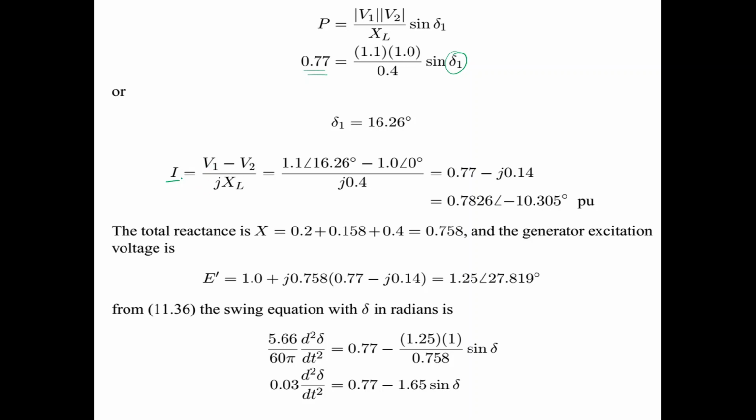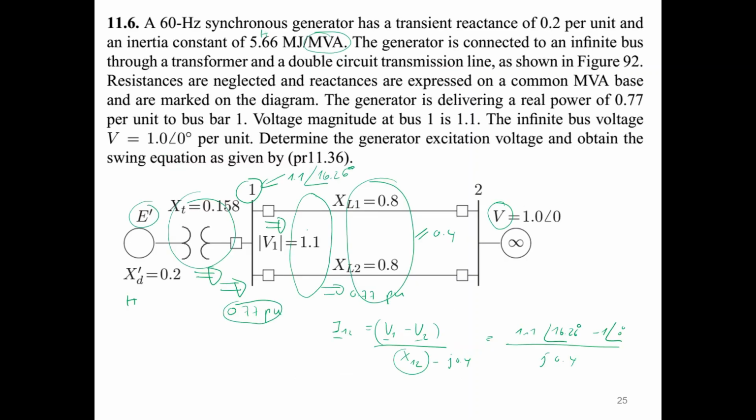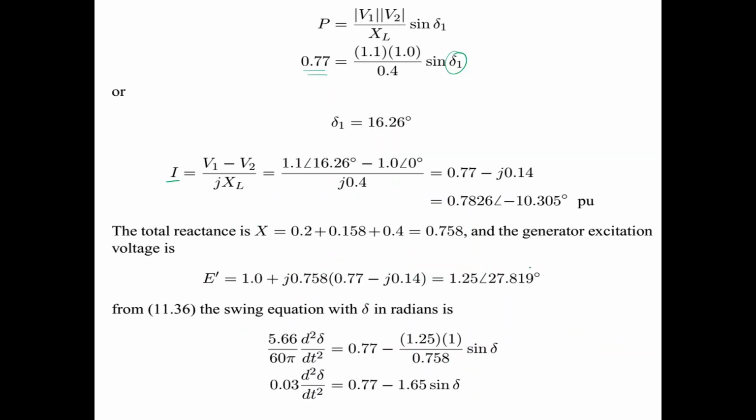You get this I, and now you can find the E. I12 is this one here, 0.7826, angle of negative 10.305 per unit.